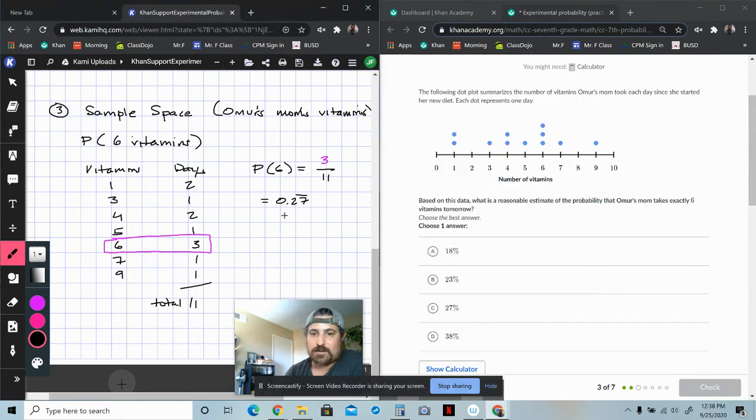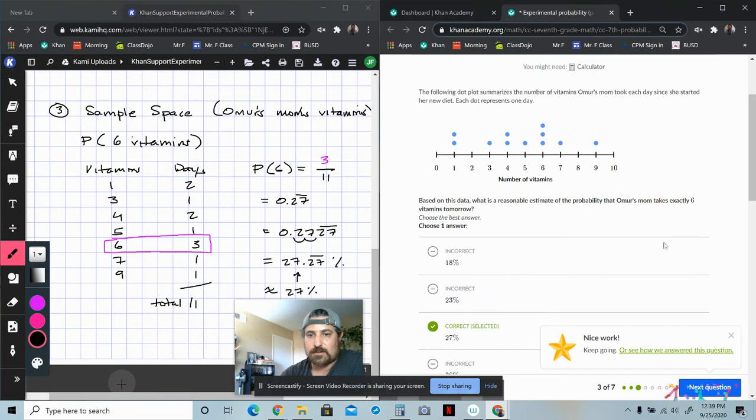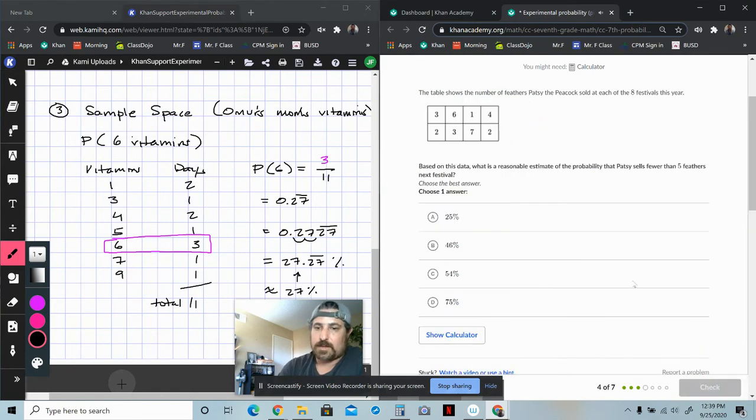So that's going to be 0.2727, which as a percent is 27.27 repeating percent. And they want to round to the nearest percent. Since that 2 is going to round down, that would be approximately 27%. And that is the answer, 27%. That's how you do it. All right, the next problem, let me add a little page here.